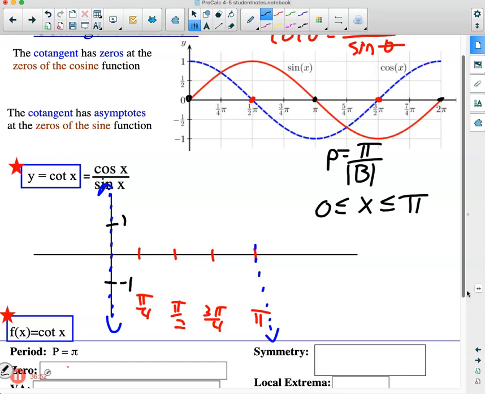And so what happens here is, where tangent was increasing over its domain, cotangent will be decreasing over its domain. So here's our middle. If we go to the left one, we have to go up 1 with cotangent. And if we go to the right, pi over 4 units, we have to go down 1.